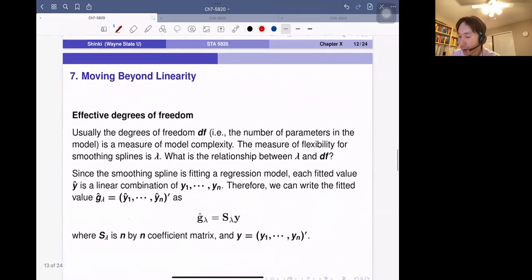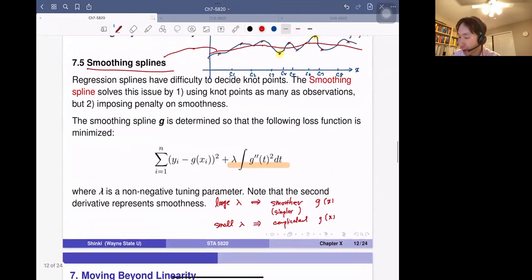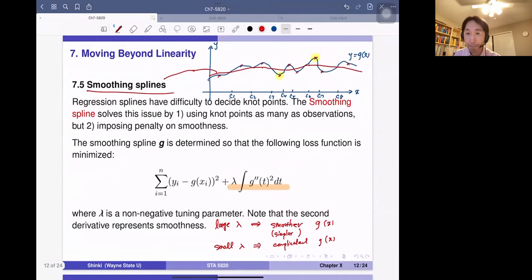And we have the concept of effective degrees of freedom. This one has many parameters, right? If we have 9 observations, then how many parameters? At first we have 4 parameters here, and each time we cross a knot point, we have 1 additional parameter.